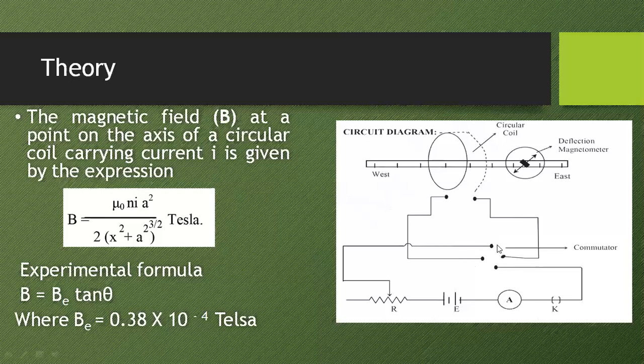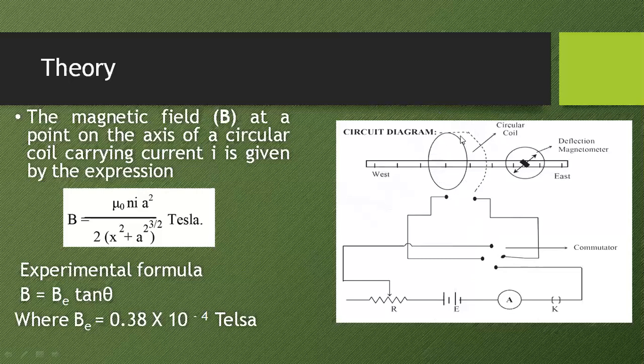By opening any two opposite keys of the commutator, you can allow the current through the coil either in clockwise or anti-clockwise. I mean, this set of keys decides the direction of the current passing through the coil.